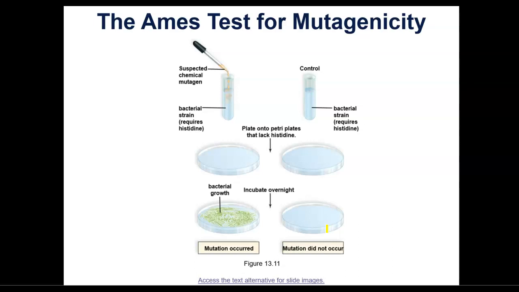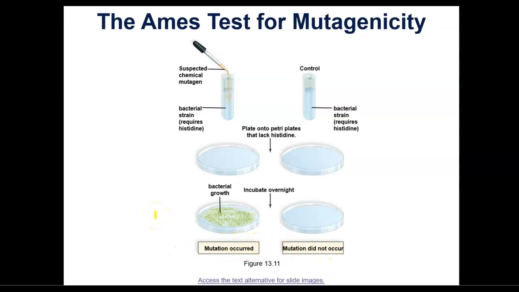That would be your experimental group, and then there's a group of bacteria that are not exposed to the mutagen. That's the control group. So if there is bacterial growth, then the mutation did occur. And the mutation did not occur in the control group here, and it did occur in the experimental group.